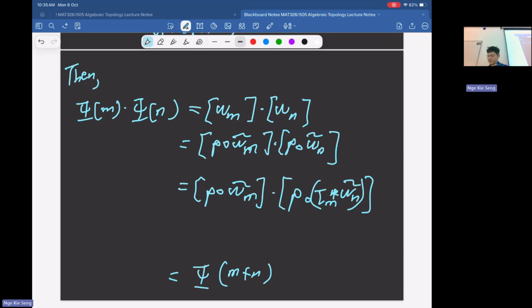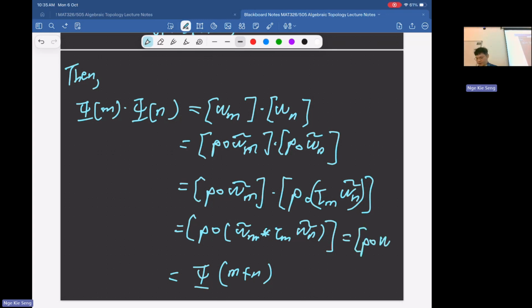Only then can we compose the lift. I run M rounds, go to the end of the M rounds, and then I run N rounds. So how many rounds do you run? M plus N rounds. So there's a technical part here. Only now can you put them together. All good? So this is homotopic to P0 on omega M plus N.